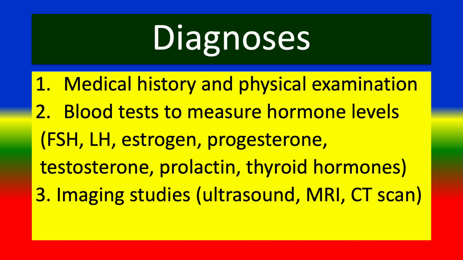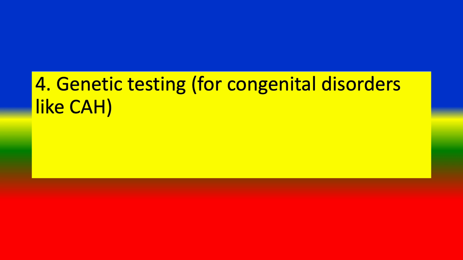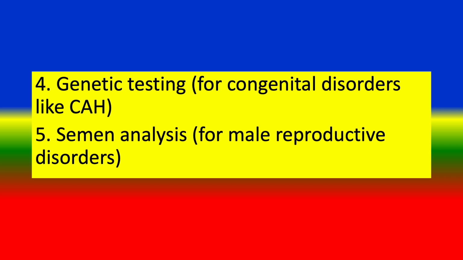Imaging studies: ultrasound, MRI, CT scan. 4. Genetic testing for congenital disorders like CAH. 5. Semen analysis for male reproductive disorders.